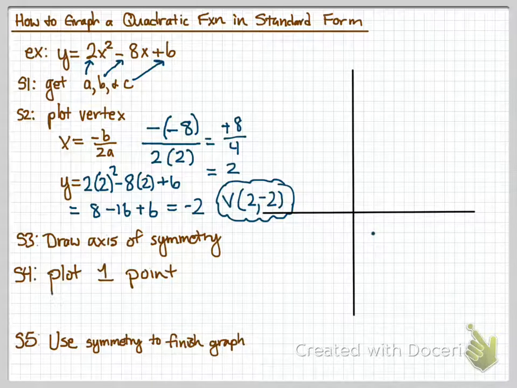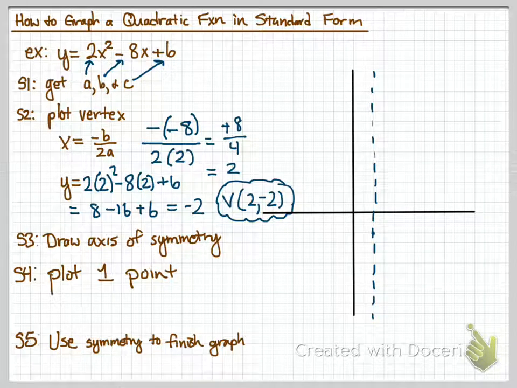And draw our axis of symmetry through there. So there's an axis of symmetry right through our vertex.